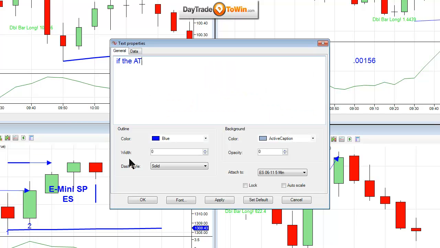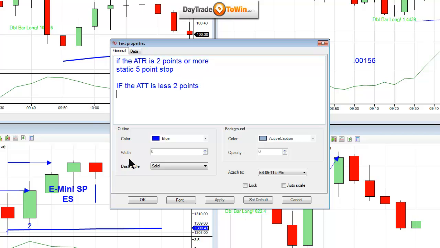This is how I do it. If the ATR is 2 points or more, so 2 1/4, 2 1/2, I have a static 5-point stop. So regardless if the ATR is 3, I have a static 5-point stop. But when the market is slow, and the ATR shows me that, if the ATR is less than 2 points, then there's no need to have such a large stop.